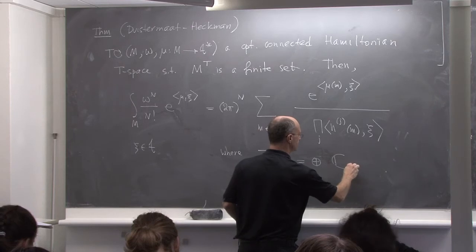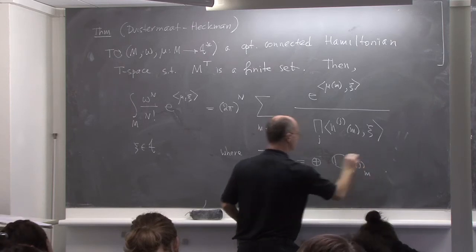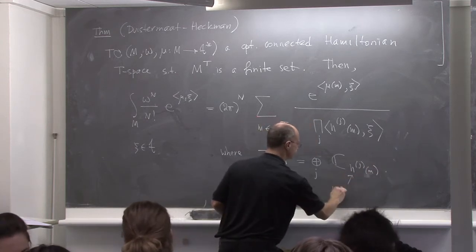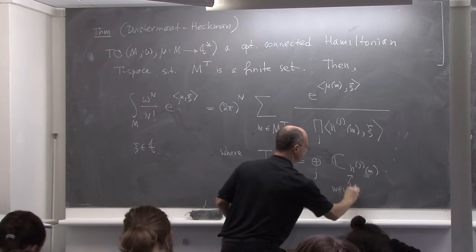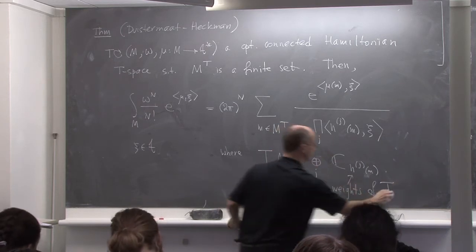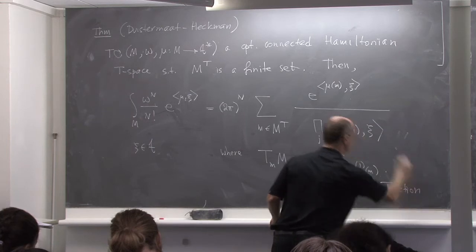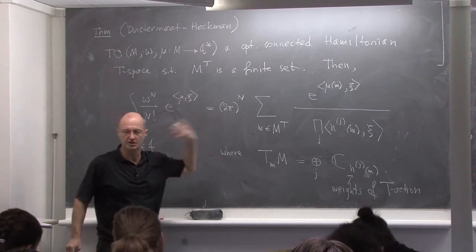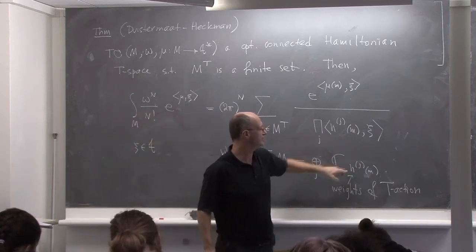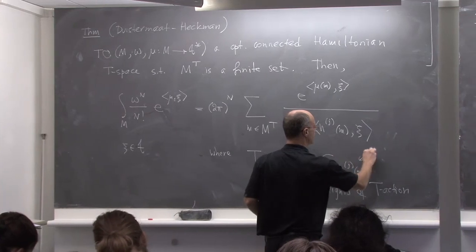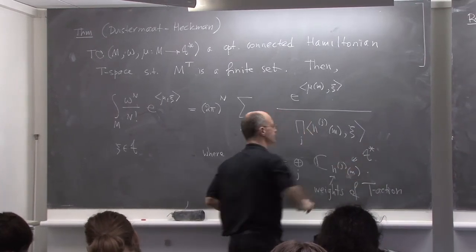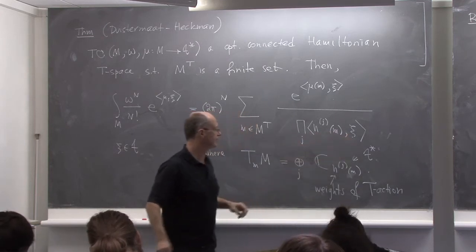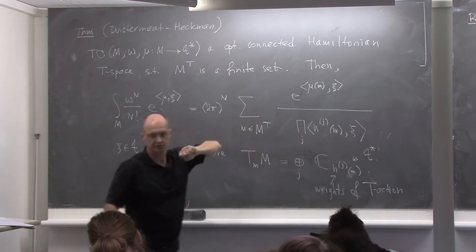So C, alpha_j of m. So these are weights of the T action. So for each fixed point, there is a set of T weights. So these guys are integral elements of T star, and so we take a pairing. We take a pairing with psi.